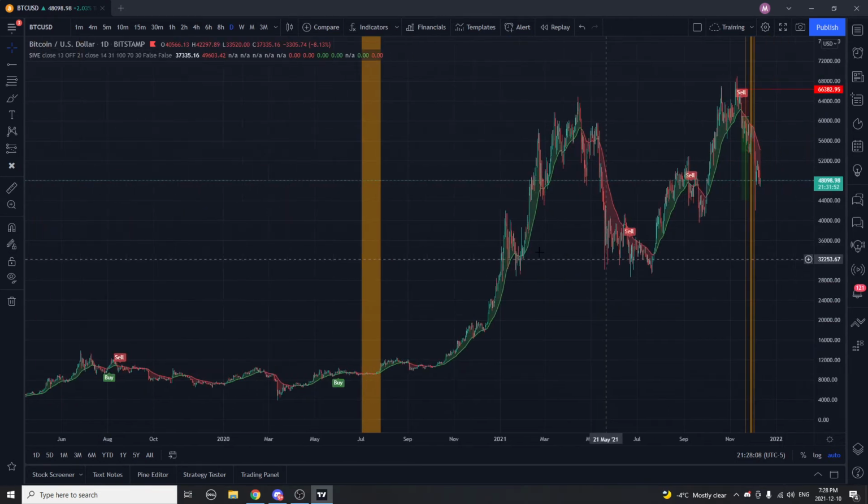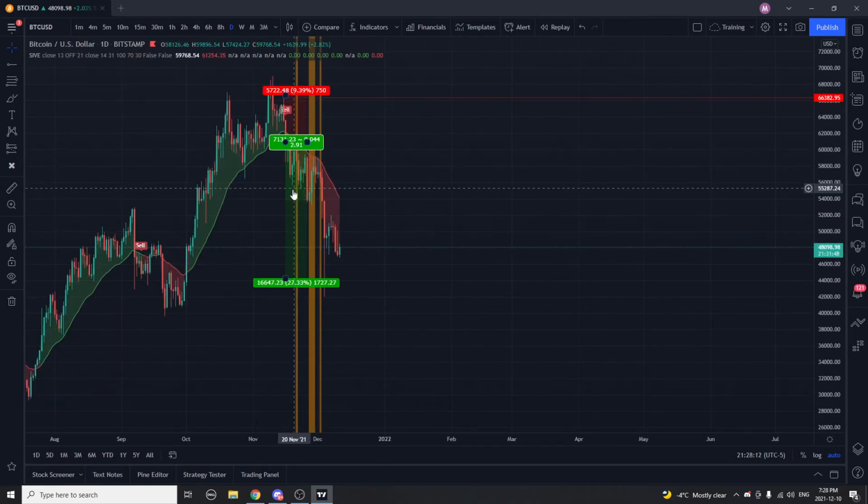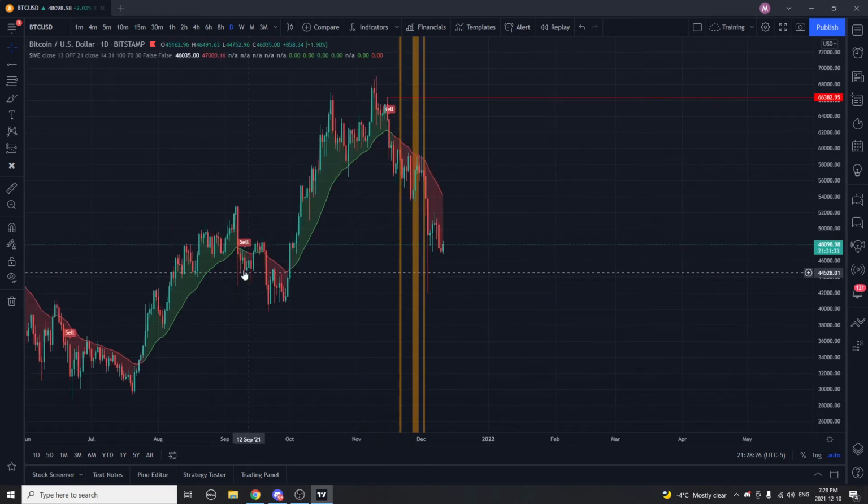Now, if you are a daily time frame trader, again, you shouldn't be weary. We have a signal again on the November 16th close, and then followed, we get this huge price movement down. Not all price movements are going to be huge.